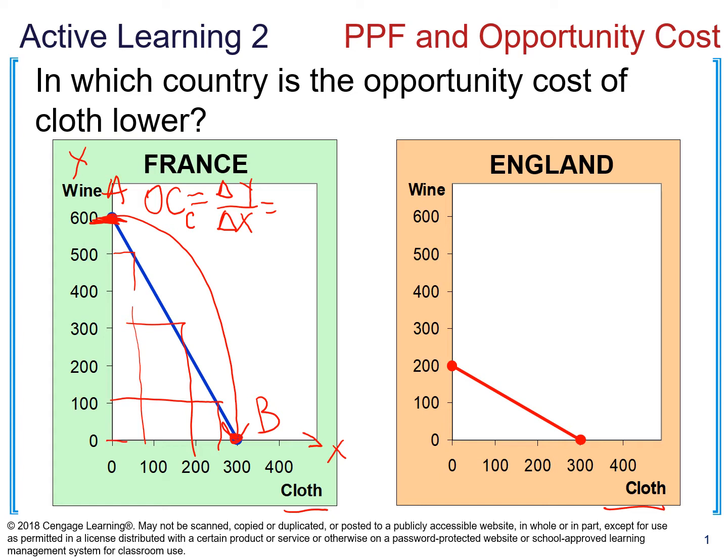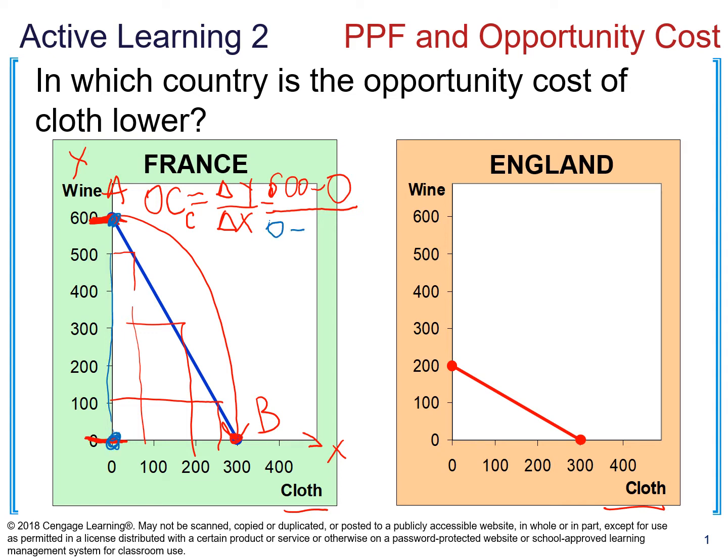At point B, we're going to produce 0 units of wine. At point A, we were producing 600 units of wine. Therefore, delta Y is going to be 600 minus 0, divided by delta X. What is delta X? At point A, how much was our X? X was equal to 0, isn't it?